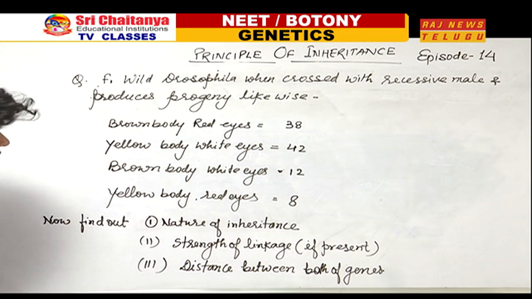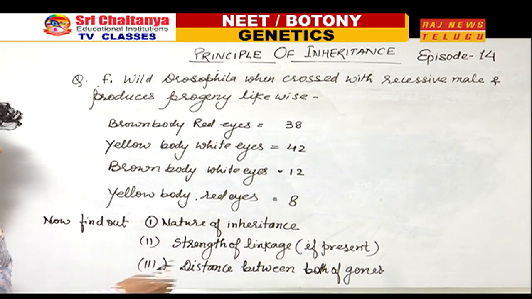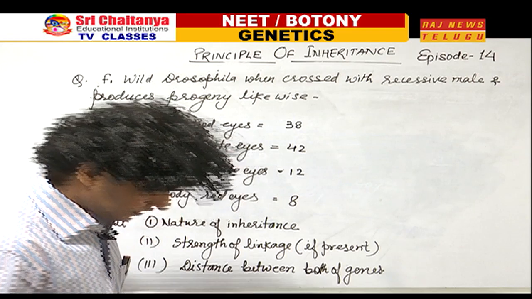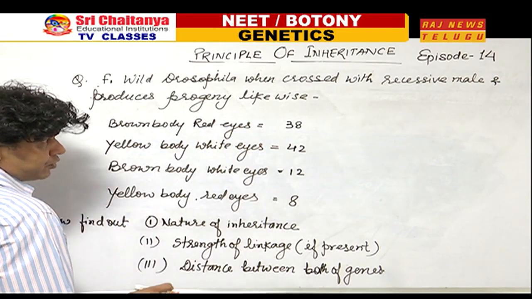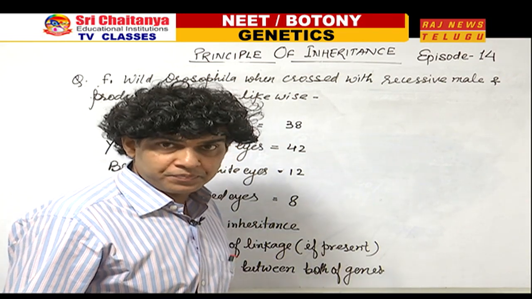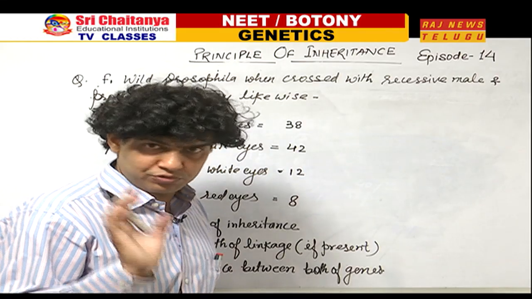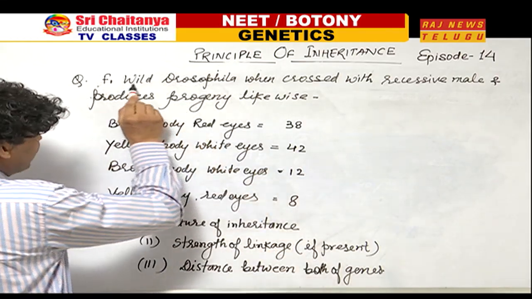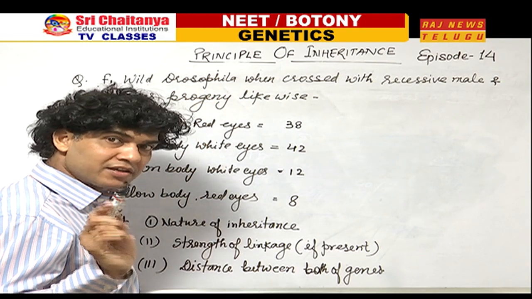This is the question. You must remember, to solve such kind of questions, first of all, by reading the language of question, what kind of cross is actually going on, the thing you have to first assume or find out. F1 wild Drosophila, it means heterozygous wild Drosophila.